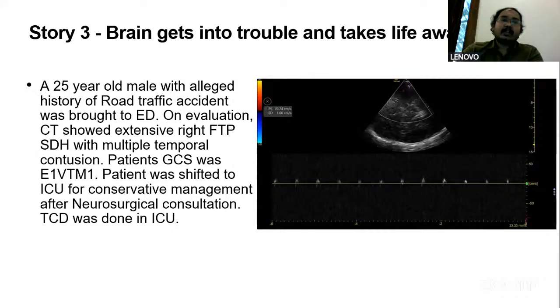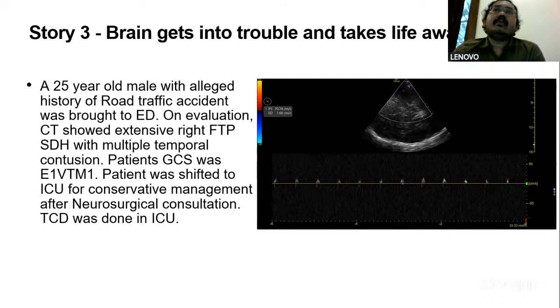Now the next story. This patient was a young male, a 25-year-old male, again a road traffic accident. He was brought to the ED, but there was a delay in transportation. The CT showed an extensive right frontotemporal SDH with multiple temporal contusions. Even at presentation in the ED, the patient was E1 VT M1 and was shifted to the ICU for conservative management.